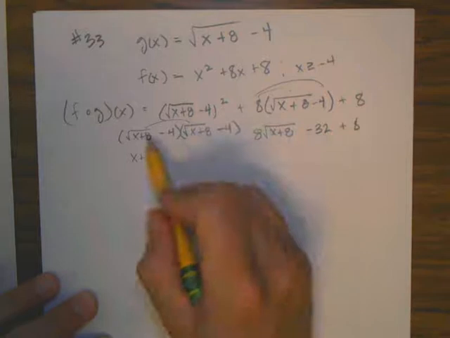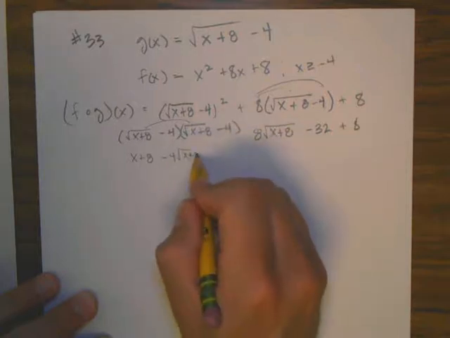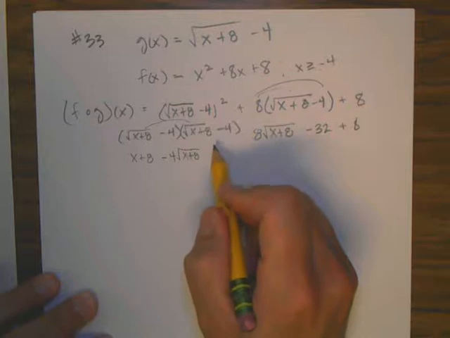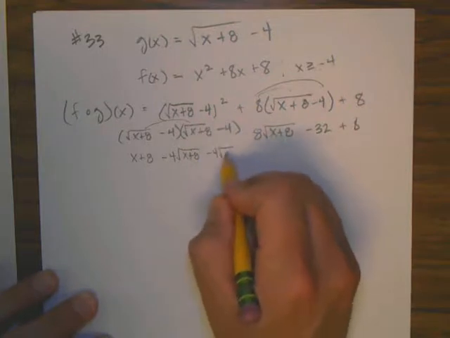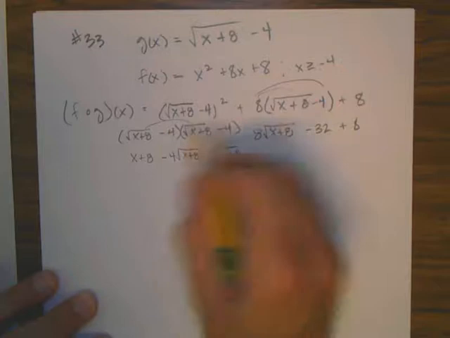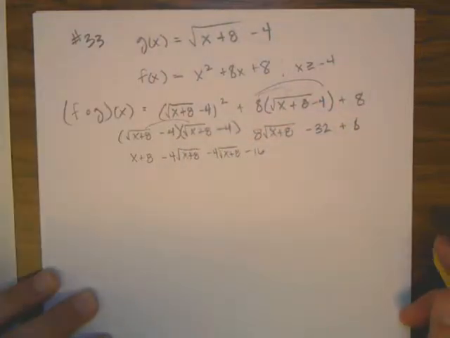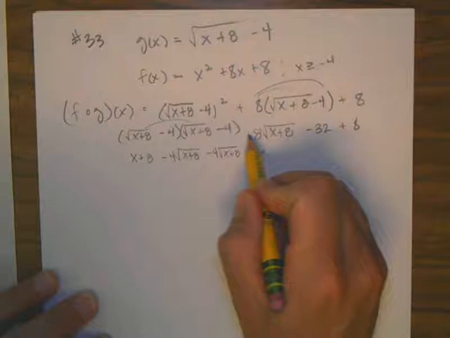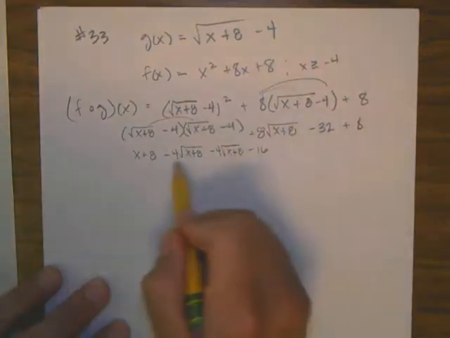Negative 4 times square root of x plus 8 is negative 4 square root of x plus 8. Negative 4 times negative 4 is negative 16. Now, I got kind of shady there. These are all my terms I have left over, so I'm just going to combine like terms. Negative 4 square root of x plus 8, negative 4 square root of x plus 8 is negative 8 square root of x plus 8, so those all go away.